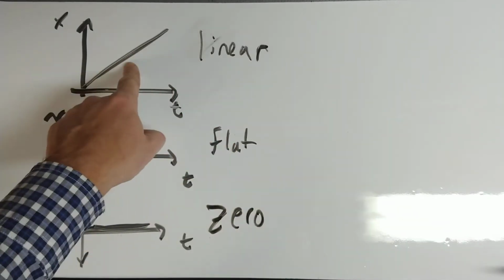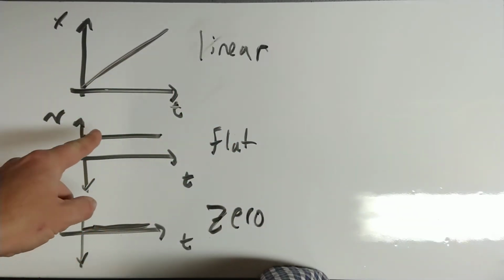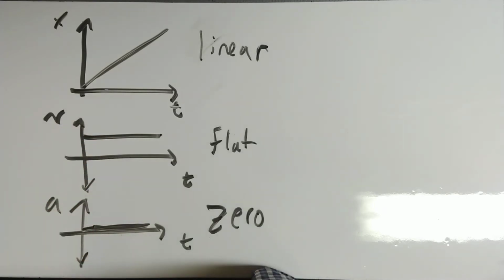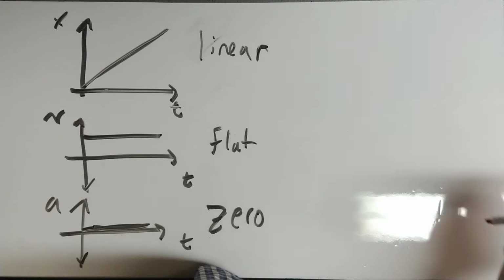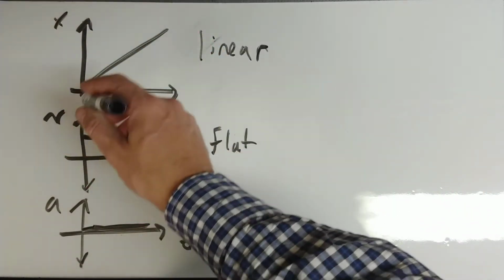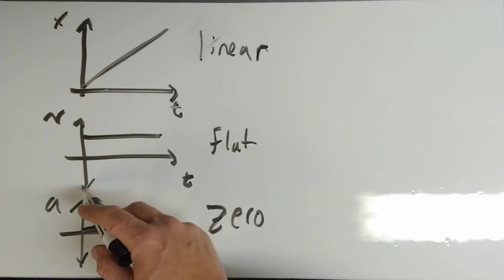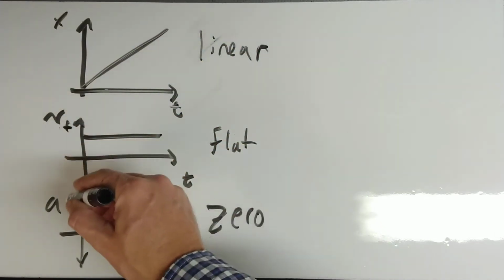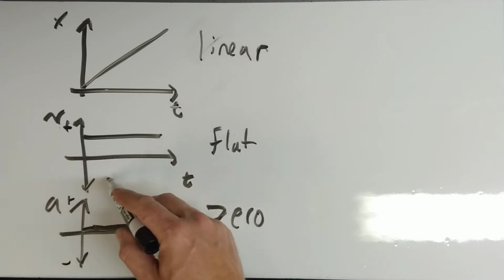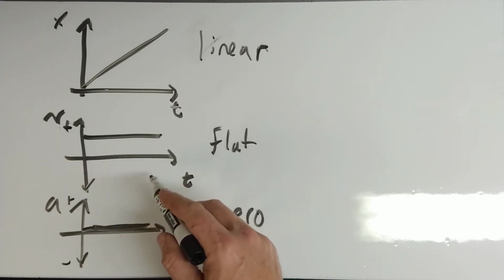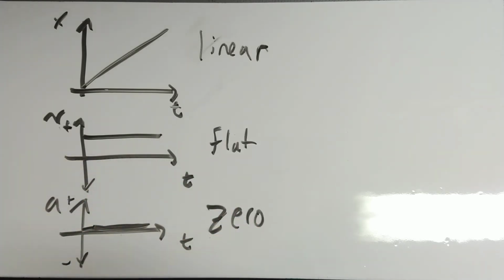So linear position means a constant velocity. A constant velocity means no acceleration. All right? So you're going to see somewhere we have a negative slope on position versus time. Well, that means that's a negative velocity. If it's a negative velocity, you draw a constant line down here. It's moving in the negative direction.